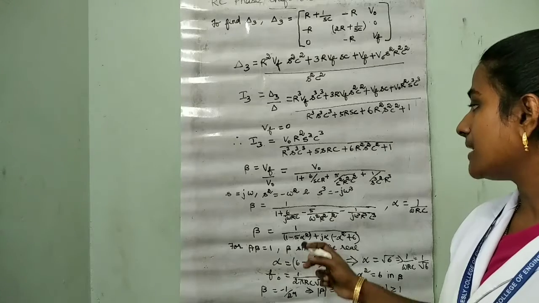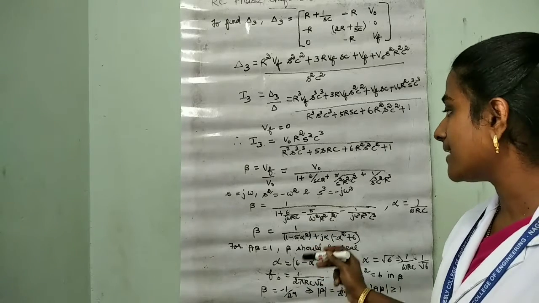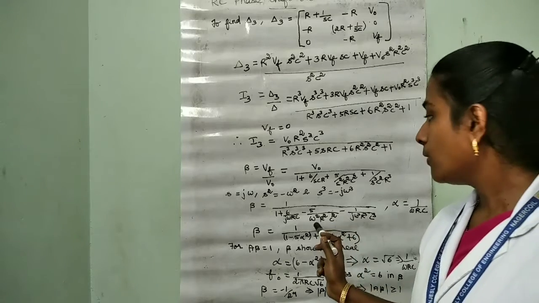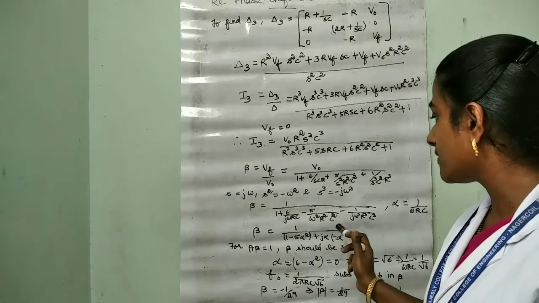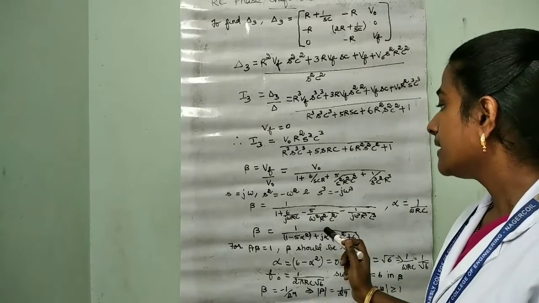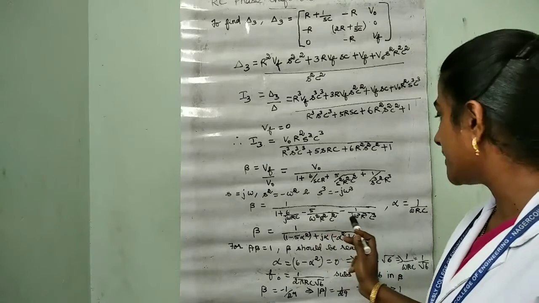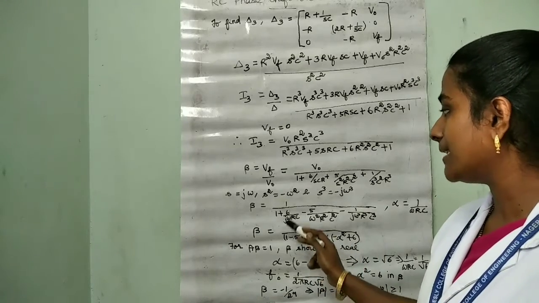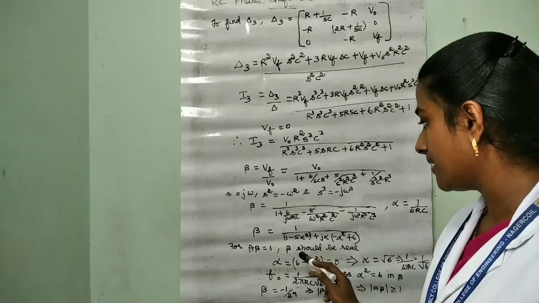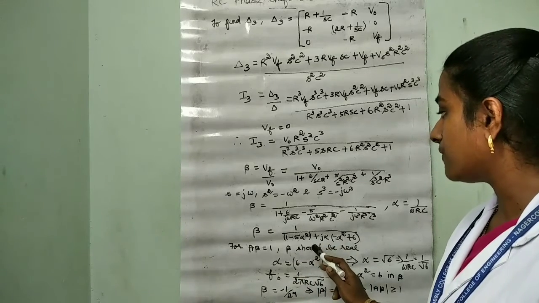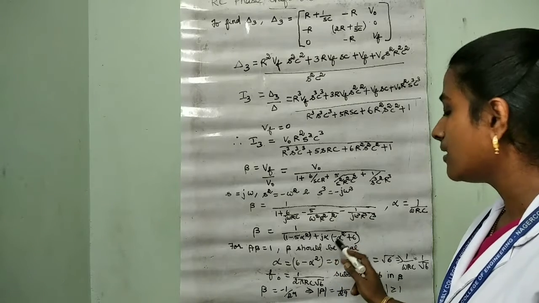So you will get beta is equal to 1 by 1 plus 6 divided by j omega rc minus 5 divided by omega square r square c square minus 1 by j omega cube r cube c cube. Here we know that alpha is equal to 1 by omega rc. So substitute alpha in the place of 1 by omega rc. So you will get beta is equal to 1 by 1 minus 5 alpha square plus j alpha into (minus alpha square plus 6).